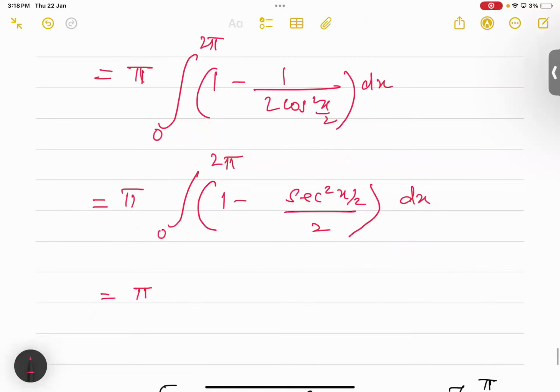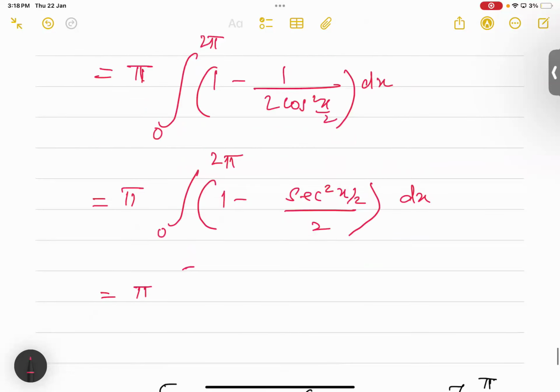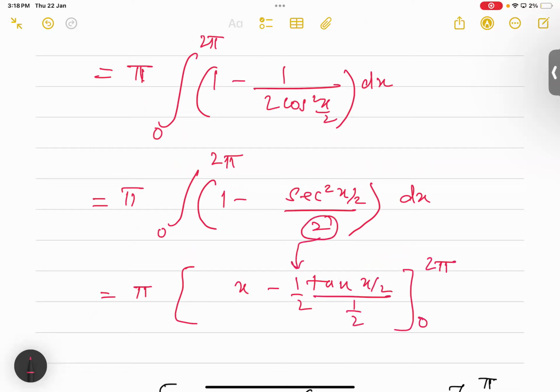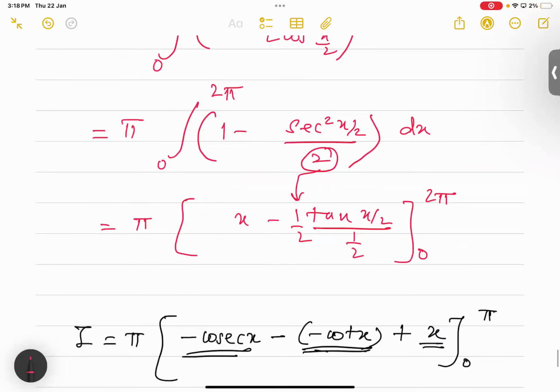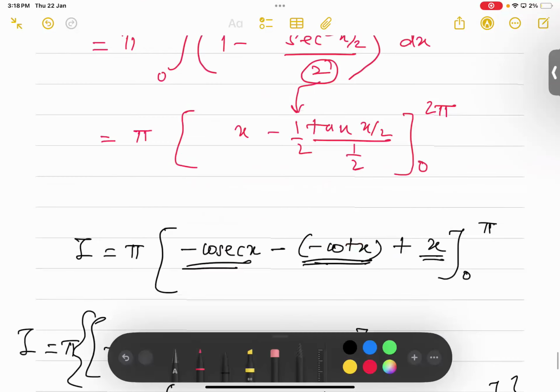So pi, individual integration, come on. This is x, half tan x by 2 upon half. Can someone explain this to me? This 2 is this half. Do you agree? What is the integration of sec square x by 2? Tan x by 2 upon d by dx of x by 2, which is half. So can you write that over there, please?